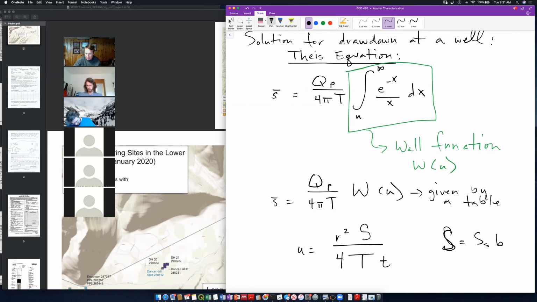I need the transmissivity and I need the time. If I put that in here, I can look up W sub u. I can then use again the transmissivity and the pumping rate, and I can calculate the drawdown at that well.